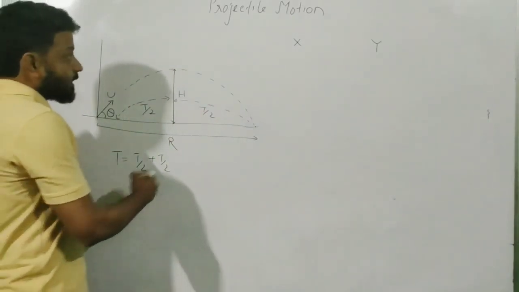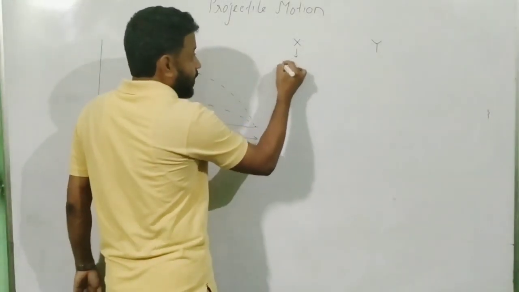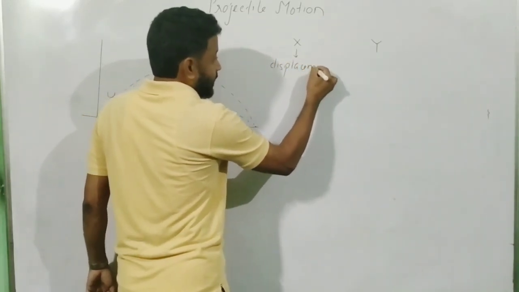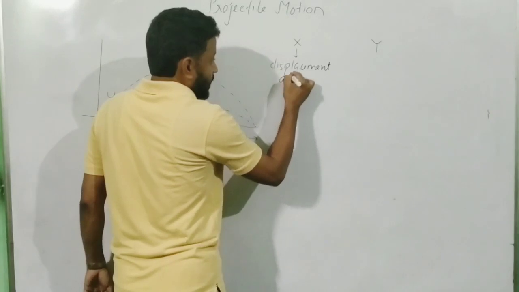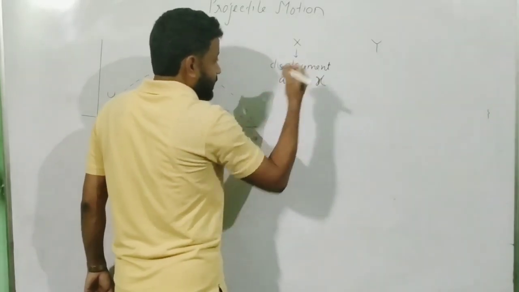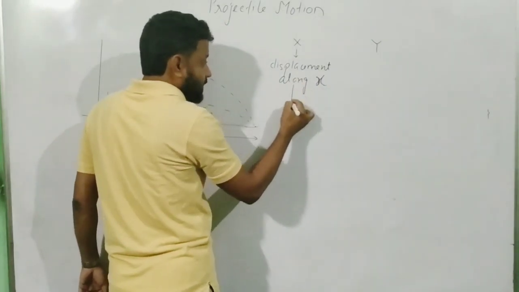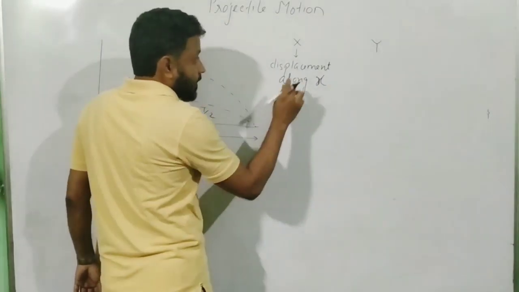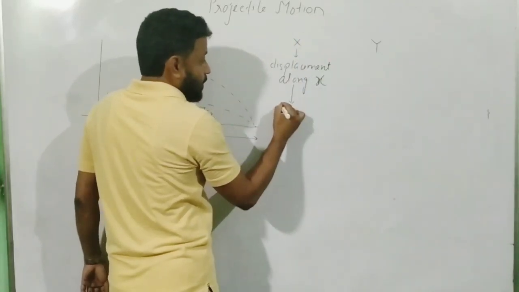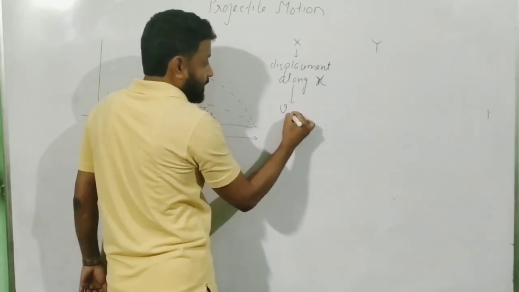So if I consider x to be the displacement along the x direction, then this displacement will be governed by the velocity along the x direction only and the acceleration along the x direction only.